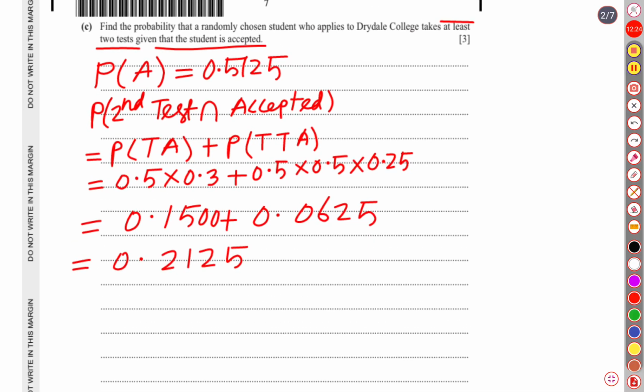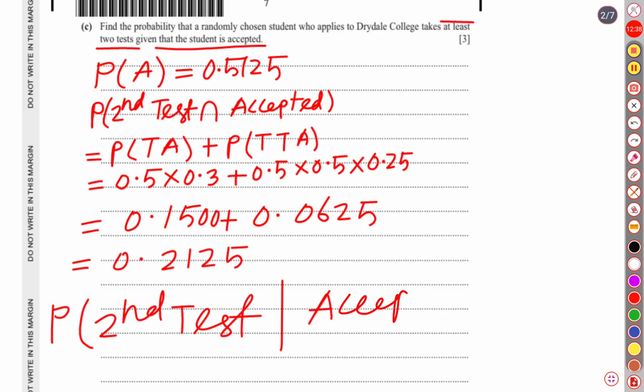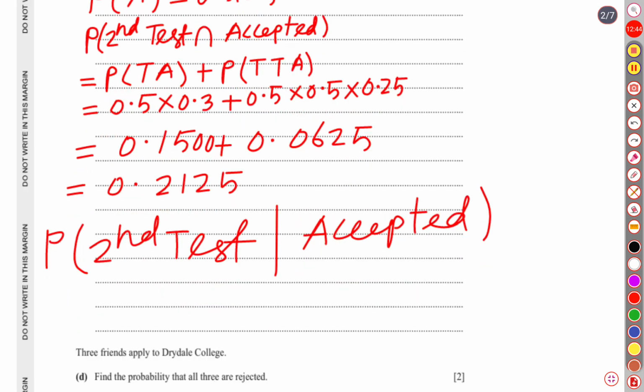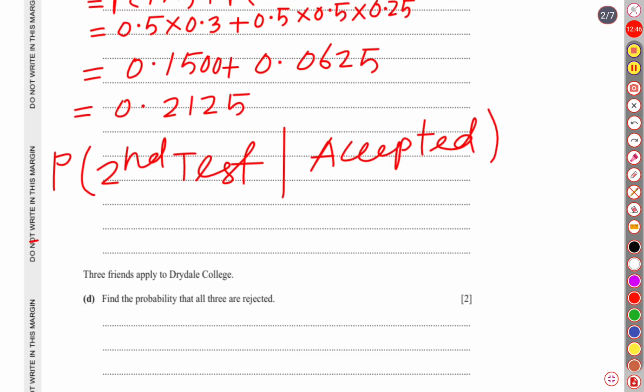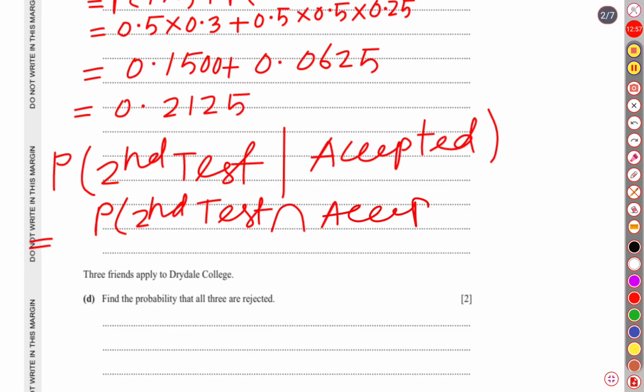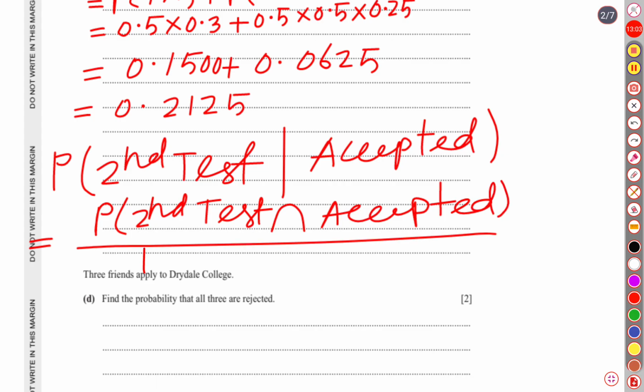Well, now they have told us to find this, so we can write P of second test given accepted. How to write this? P of second test, given that, this is the given-that symbol, accepted, is equal to P of second test intersection accepted over the probability of acceptability.